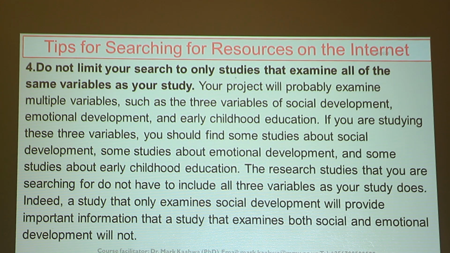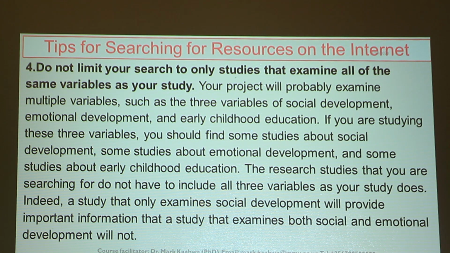Now, the fourth tip is do not limit your search to only studies that examine all the same variables of your study. Your project will probably examine multiple variables, such as the 3 variables of, for example, social development, emotional development, and early childhood education. If you're studying these 3 variables, you should find some studies about social development, some studies about emotional development, and some studies about early childhood development.